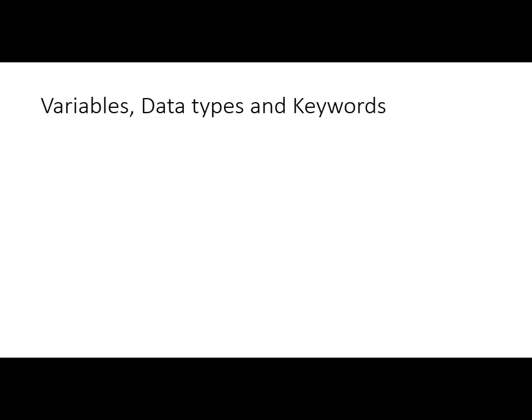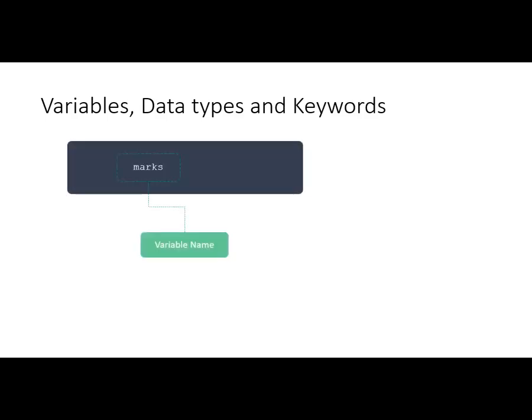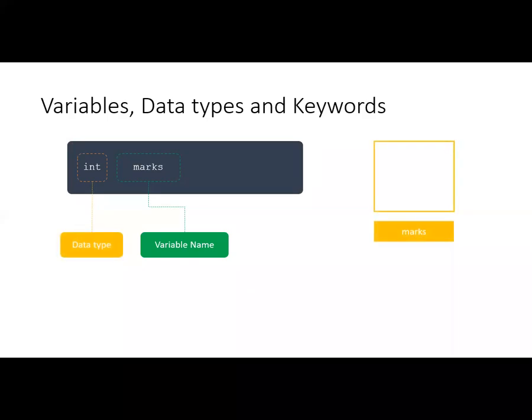There are different kinds of variables, and these differences depend on the data type of that variable. We have a variable named marks.